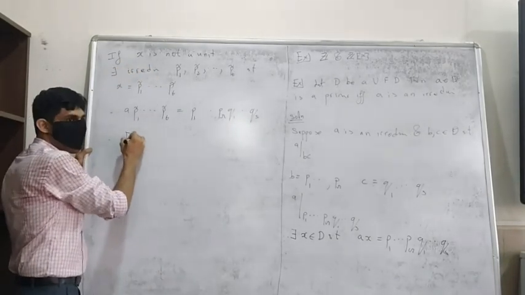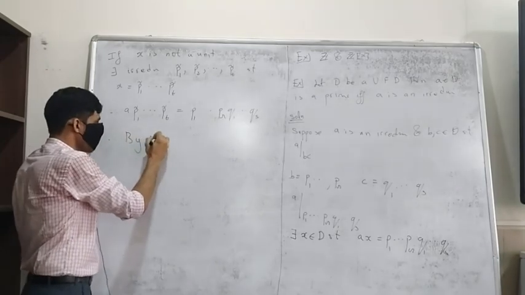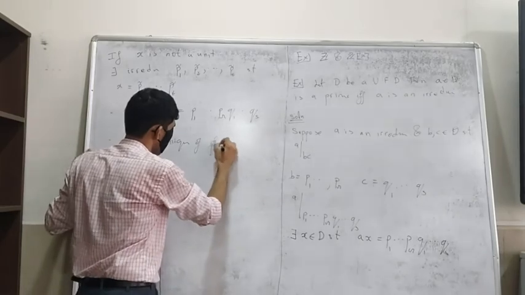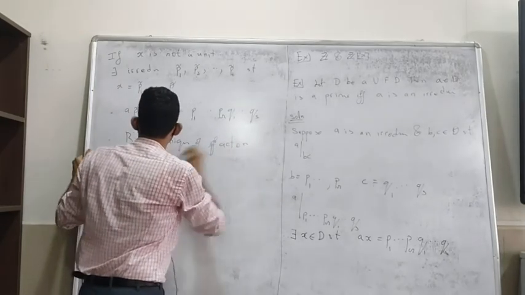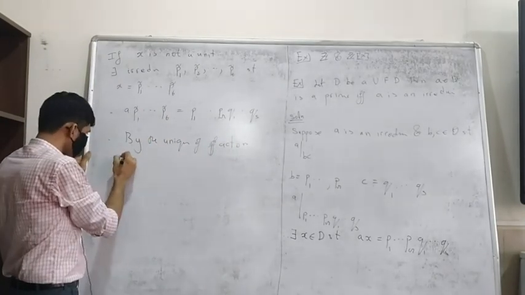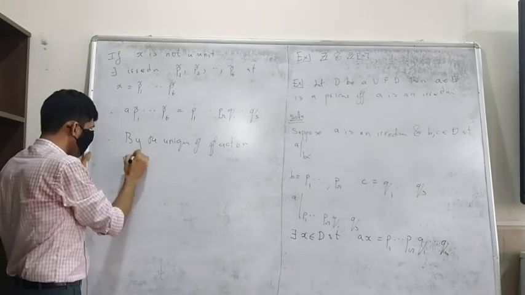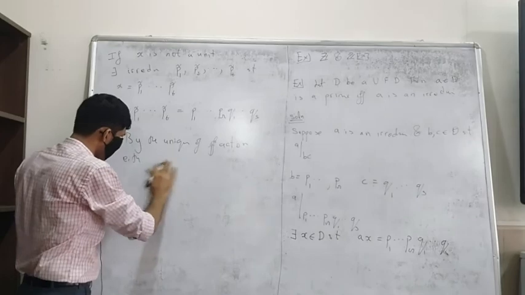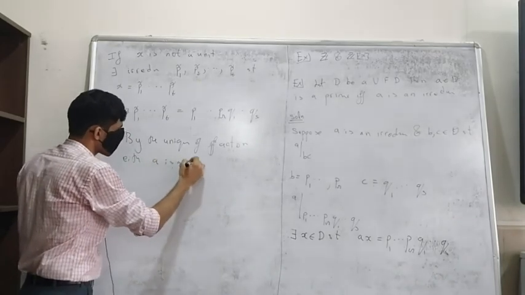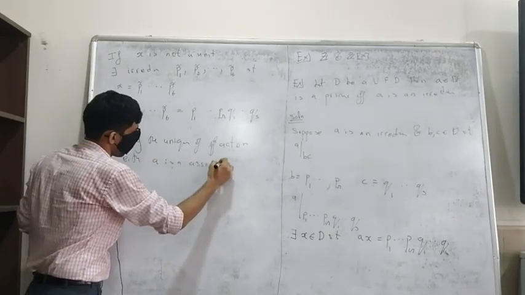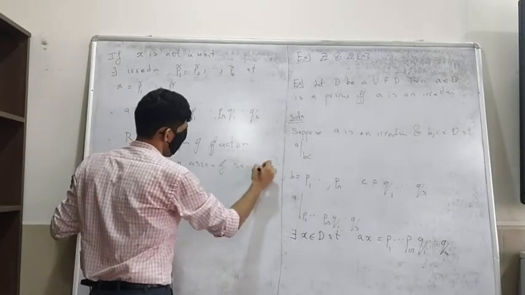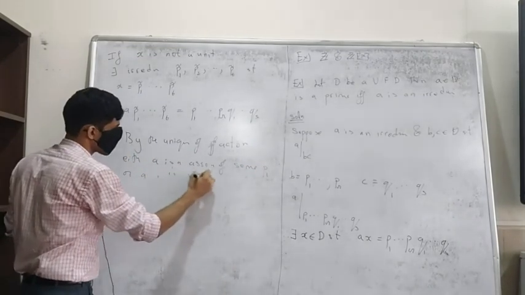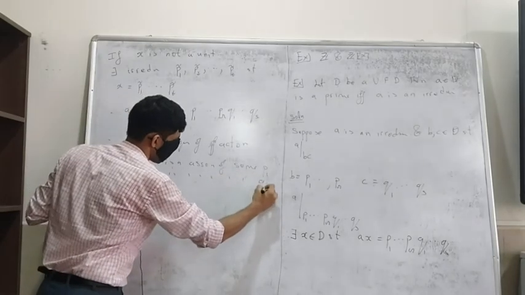By the uniqueness of factorization, either A is an associate of some Pi or A is an associate of some Qj.